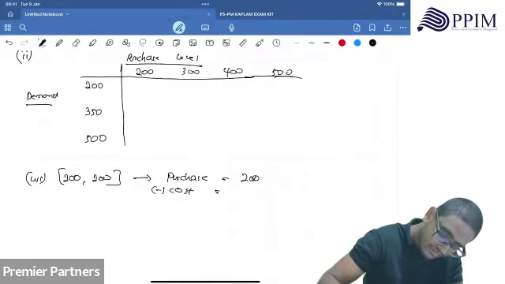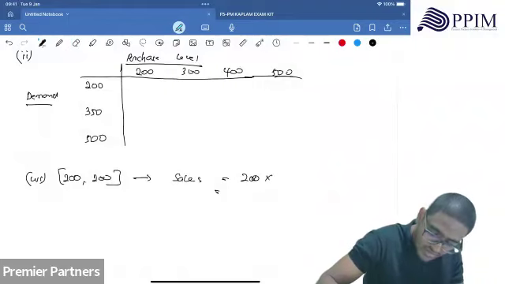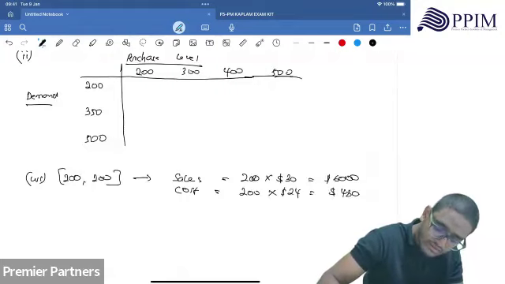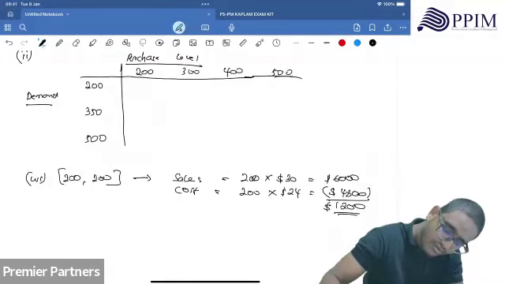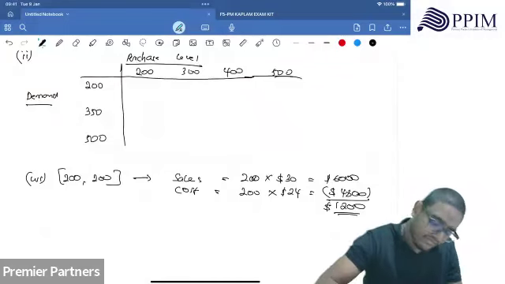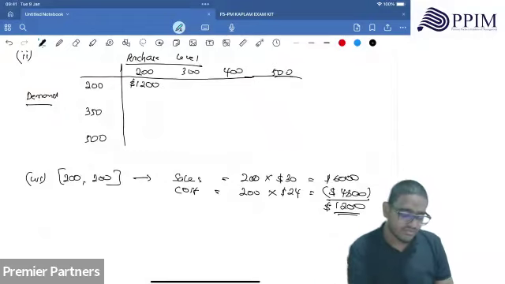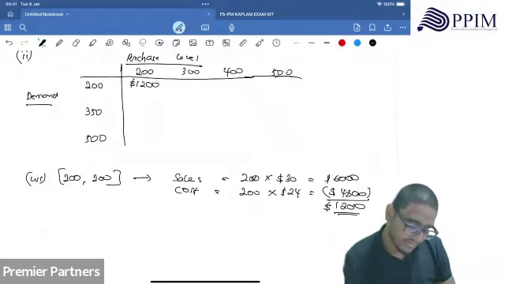You're selling at 30. Sales 200 at 30, which is 6,000. My cost is 200 at 24, which is 4,800. This difference is my payoff of 1,200. So when I purchased 200 tickets and sold 200 tickets, I make a profit of 1,200.